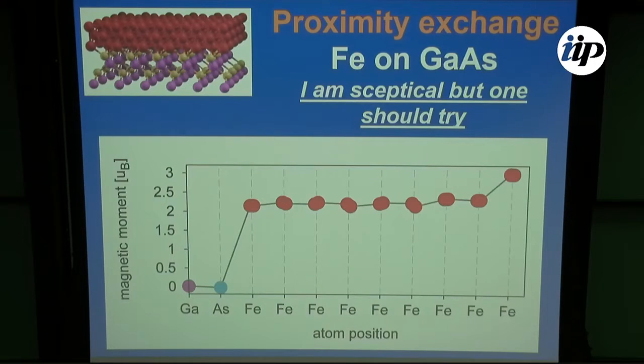You're trying to induce exchange splitting in gallium arsenide by virtual tunneling of electrons into the iron, right? So the same happens in the superconducting proximity effect. You're trying to induce superconducting pairing by virtual tunneling of electrons from indium arsenide into the superconductor. So superconducting proximity is up to, let's say, 100 nanometers, 10 to 100, right?